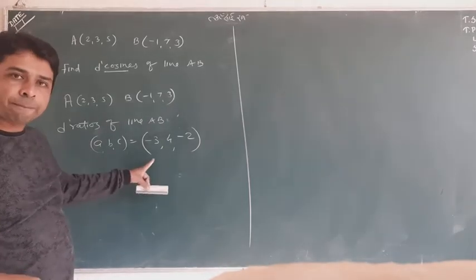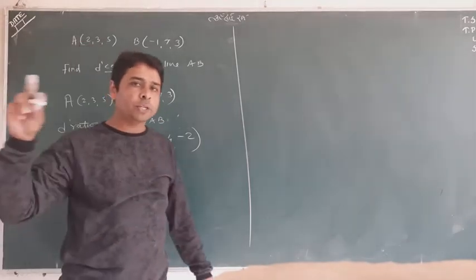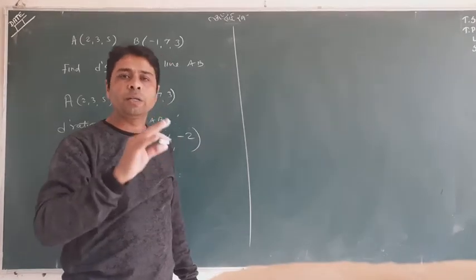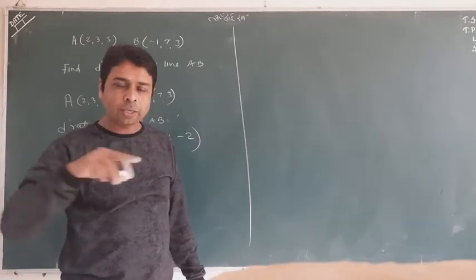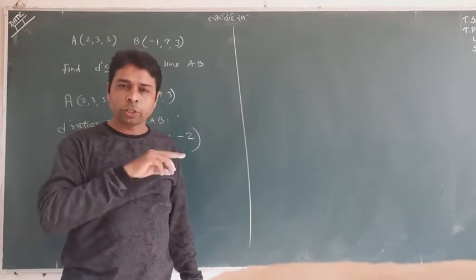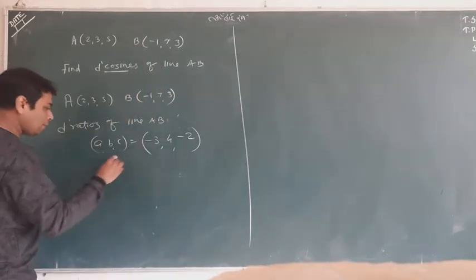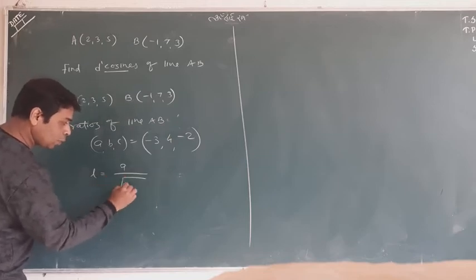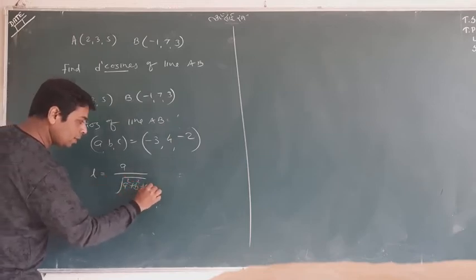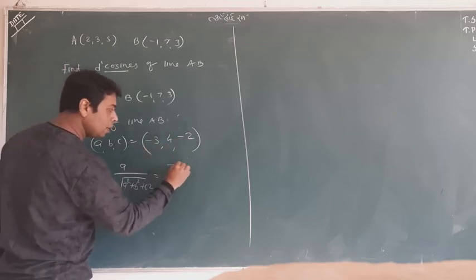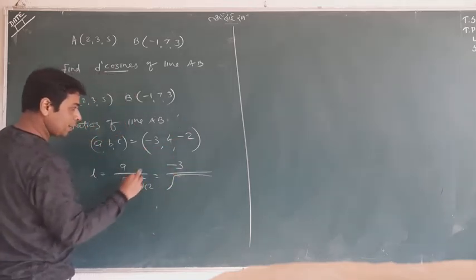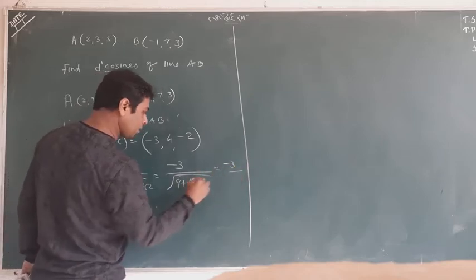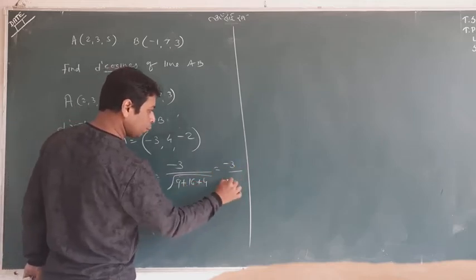These are A, B, C. Now keep in mind that when two points are given, the second point minus the first point gives the direction ratios of the line joining the two points. After finding A, B, C, we use l equals A upon the square root of A square plus B square plus C square, which is 9 plus 16 plus 4. The answer is -3 upon root 29.